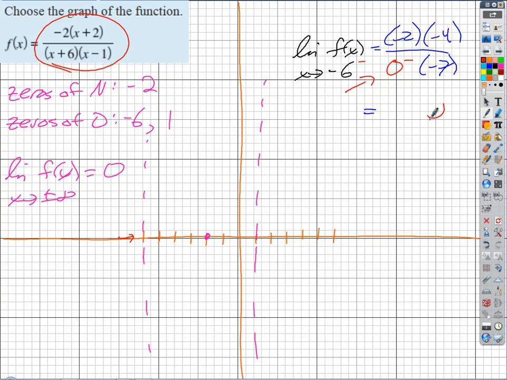That means we're getting this infinite behavior, but we just got to know which direction, positive or negative. So what's the rule here? You got 1, 2, 3, 4 negative, so it's positive infinity. So from the left, we're doing that, right? You get the idea?